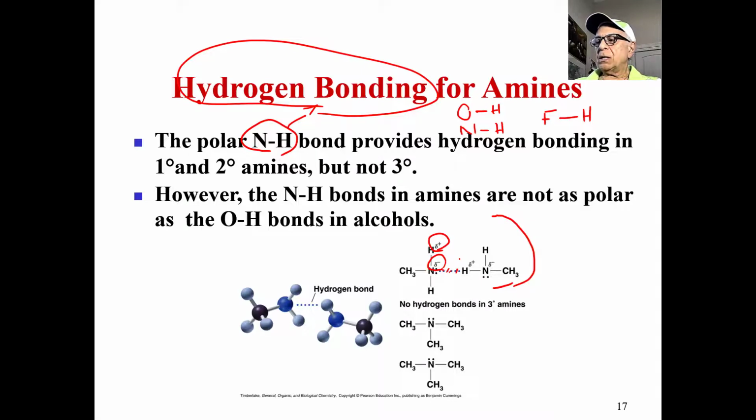As a result, if we look at the boiling point of amines, we will see the boiling points are much higher than alkanes of similar molecular weight. So we're looking at hydrogen bonding here. This is the methyl group.